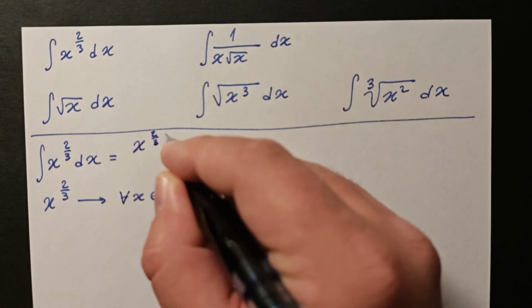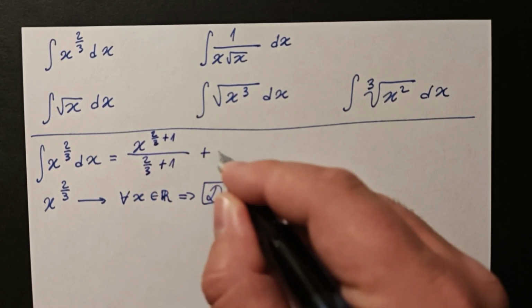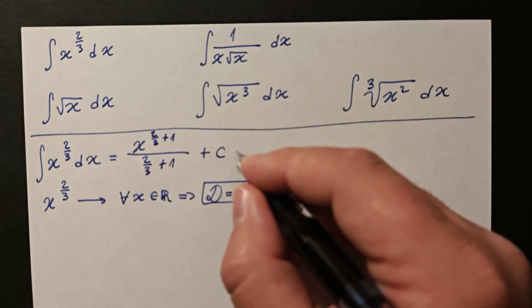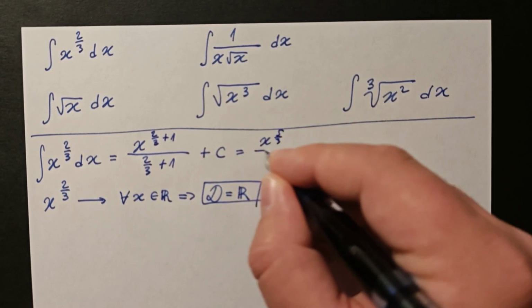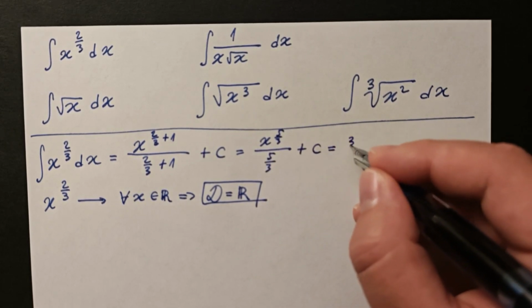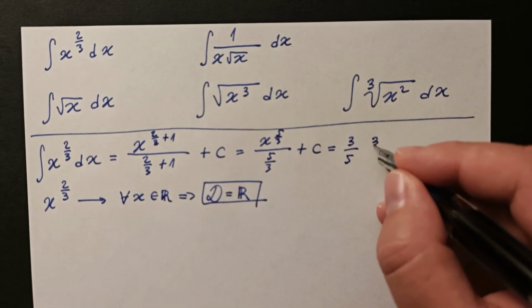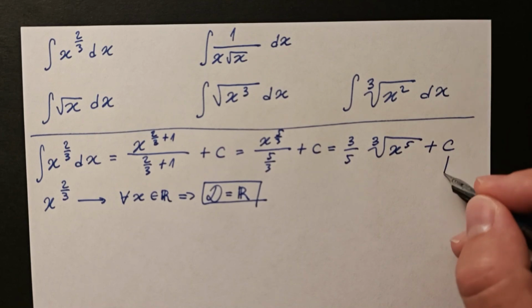So this is x to the power of 2/3 plus 1 divided by 2/3 plus 1 and plus that famous constant c. So this is just x to the power of 5/3 divided by 5/3 plus c, and that is 3 over 5, a cubic root of x to the 5th power, and plus c.